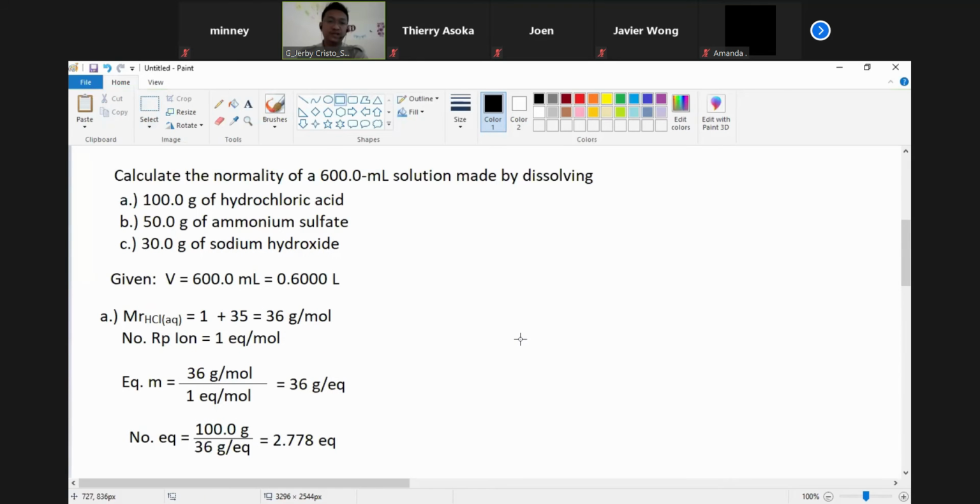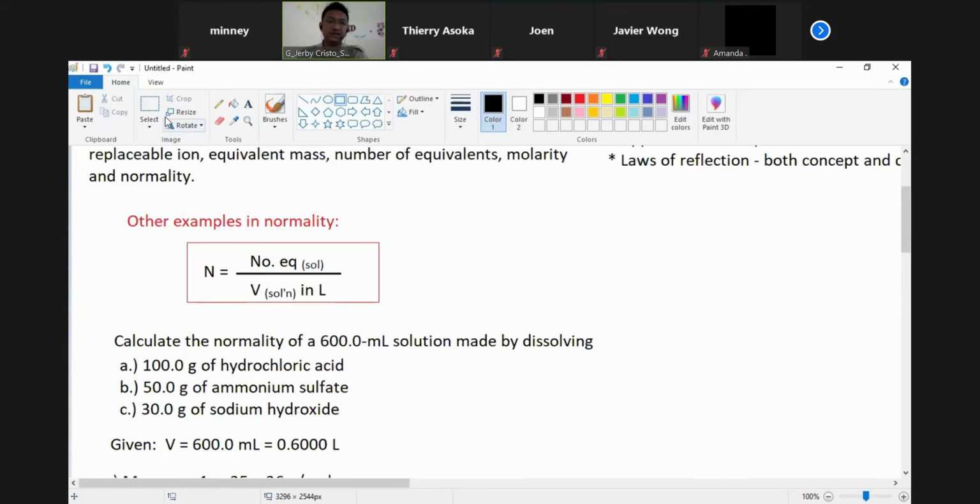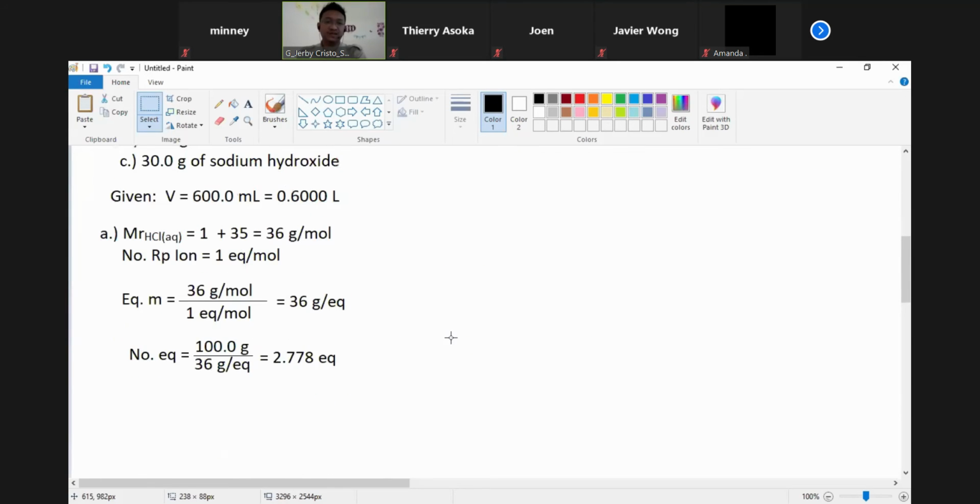We are now ready to calculate normality using this working equation. For the normality, we divide the number of equivalents, which is 2.778 equivalents, by the volume of the solution made in liters, and that is 0.6. So what's the result?